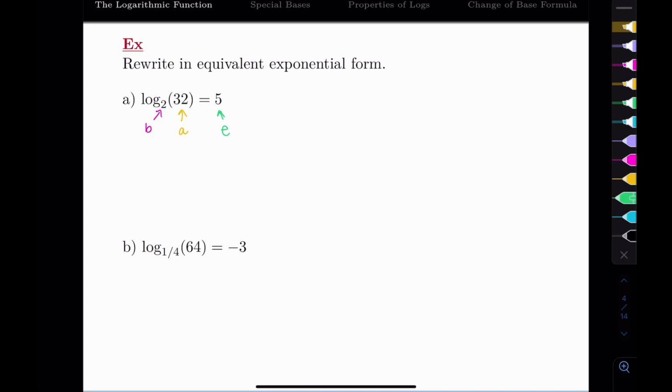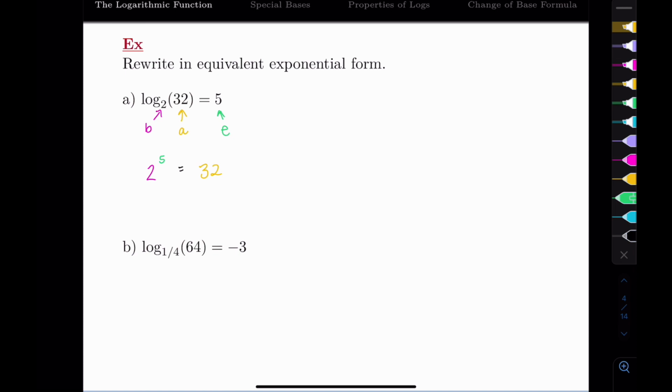In the equivalent exponential form, my base would be 2. My answer is 32, so you notice it looks like 2 to the 32 here. I don't put 32 in my exponent spot. Instead, the output goes to the input. So this is the same thing as saying 2 to the 5th equals 32.